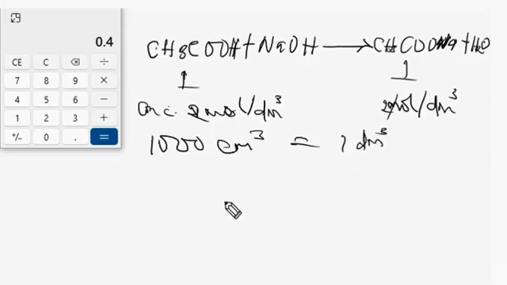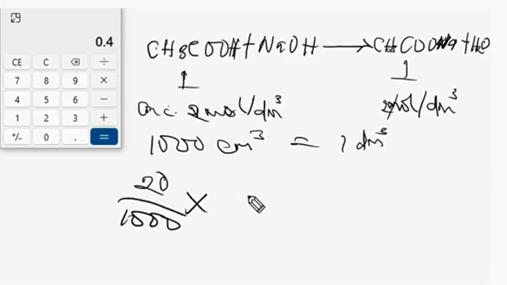So since we have 20 cm cube, to get the actual number of moles of these reactants and products here, we have to multiply the volume by the molar concentration, and the volume here is 20 cm cube, that's 20 over 1000 times 2.0 moles per dm cube.